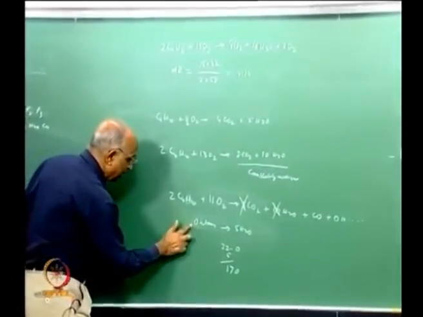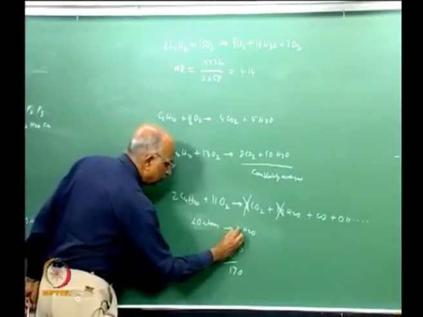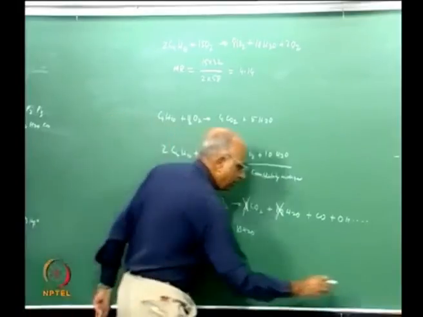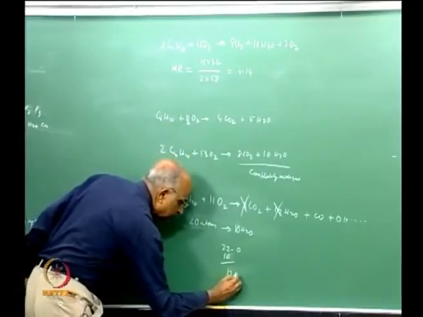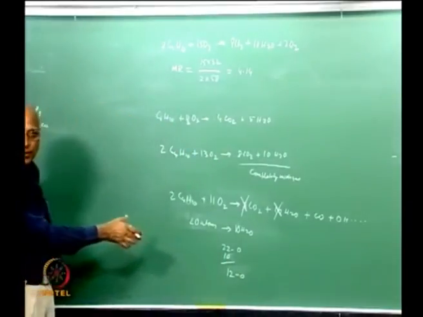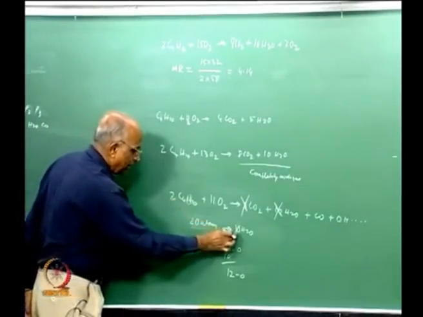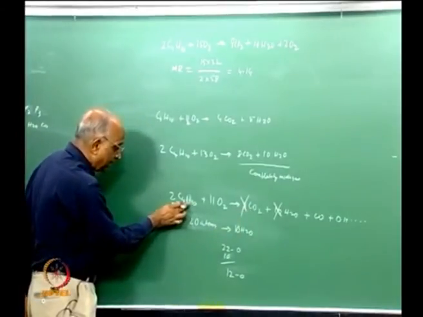Now out of the 17 oxygen, what is going to happen to me? You have 20 atoms of hydrogen, therefore I have 10 H2O, then I have 12 left. That means I have 20 atoms of hydrogen forming 10 H2O, because hydrogen is very reactive.